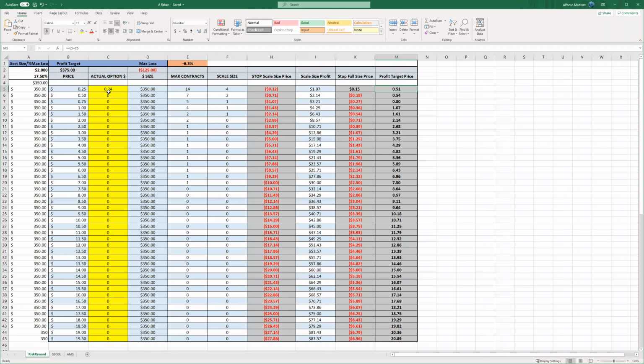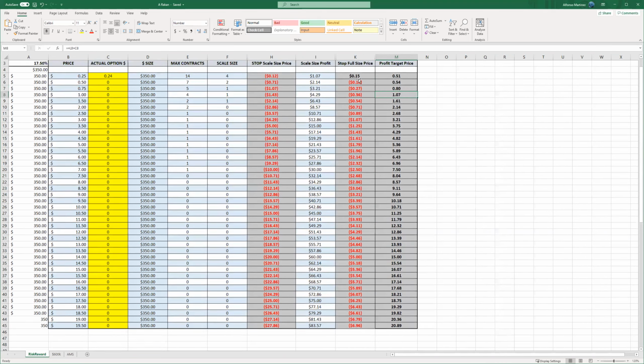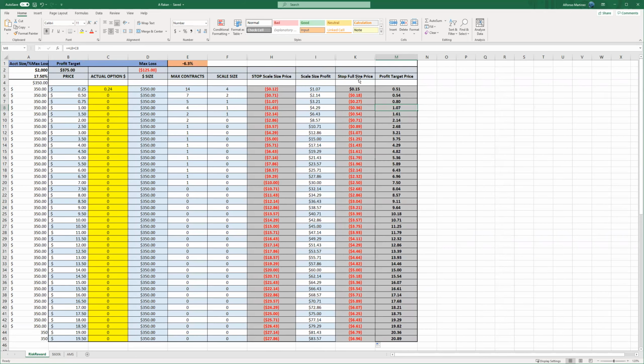So here it's already giving you the price that you have to set as your limit for profit and the one for your stop. 15 cents is your stop, 51 cents is your target. This is your stop, minus 18, minus 27, and this is your target. So this helps you a little bit. It's just a matter of seeing it, but it gives you an idea.